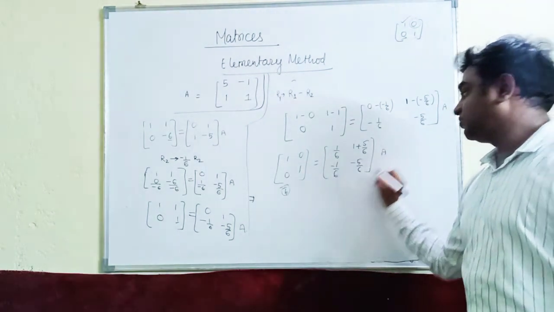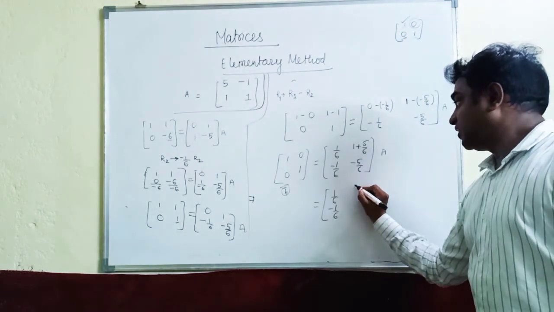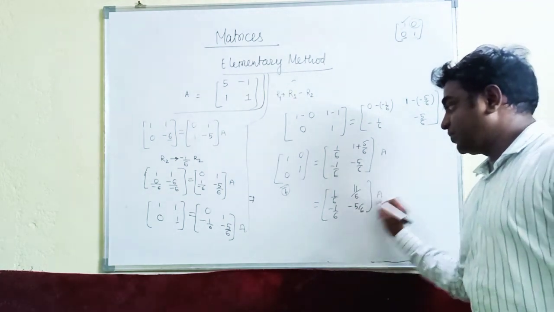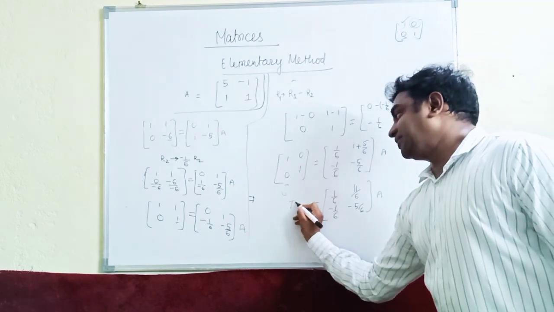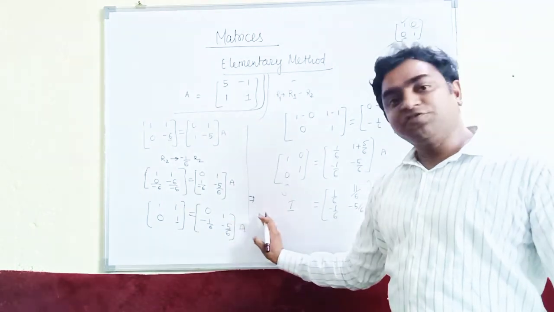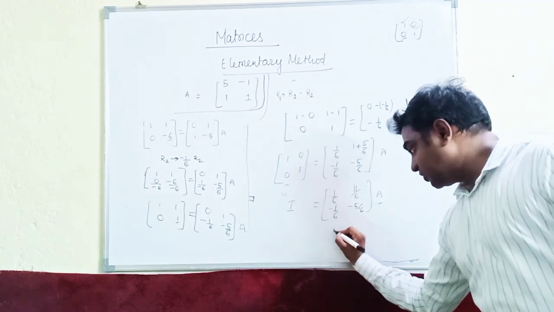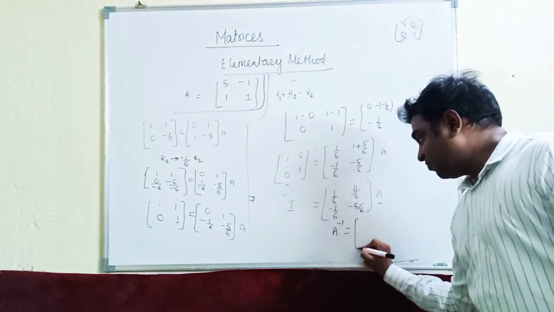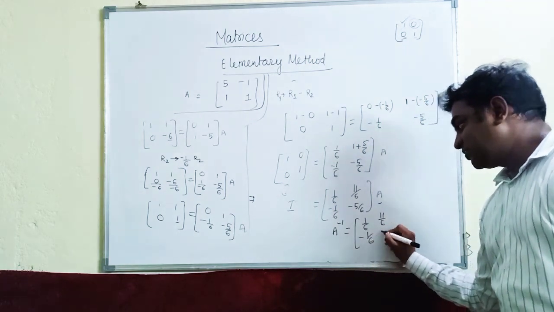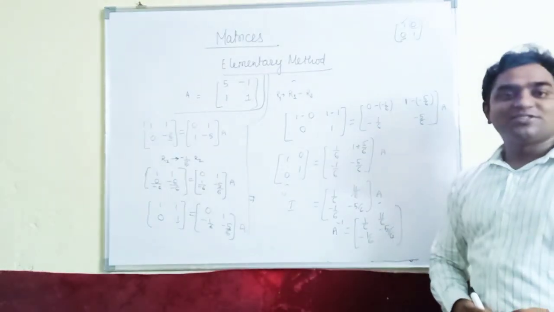Just go for LCM of this part, 1 by 6, 11 by 6, minus 1 by 6, minus 5 by 6, and this one is A, and this one called I. So as I told, when you find I here in the left hand side, so the multiple of A becomes A inverse. So A inverse will become 1 by 6, 11 by 6, minus 1 by 6, minus 5 by 6. I think you understood the thing.